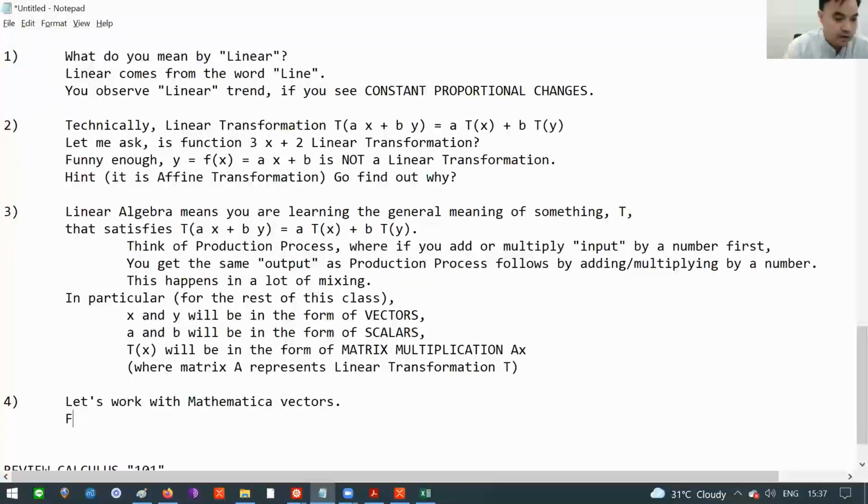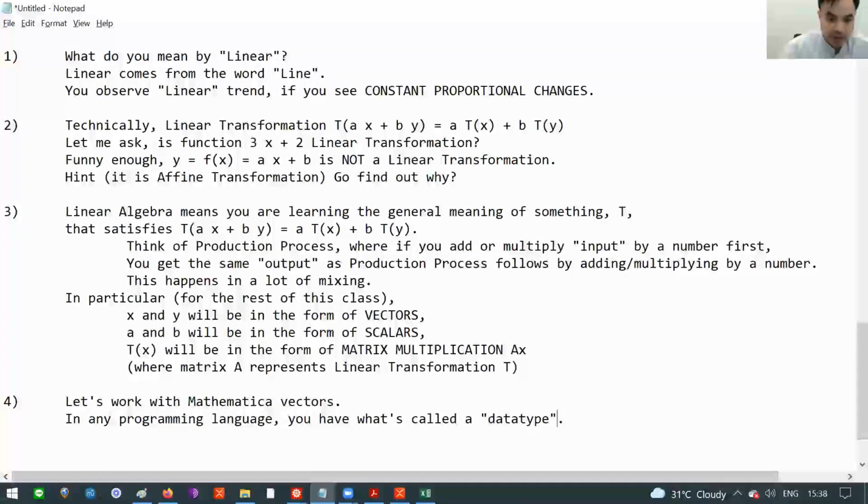First of all, in any kind of programming, you have what's called built-in data type or data structure.